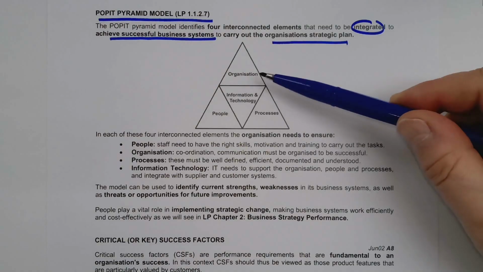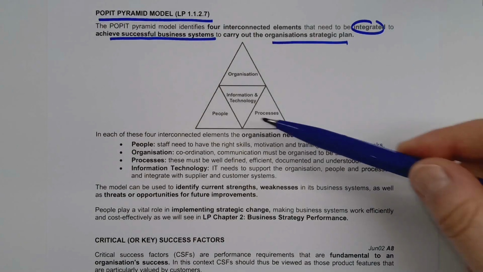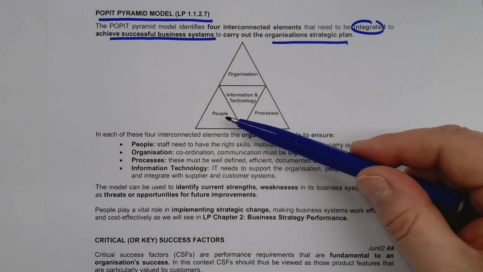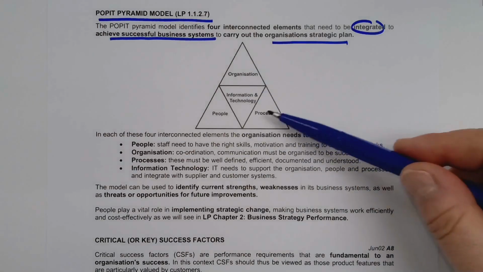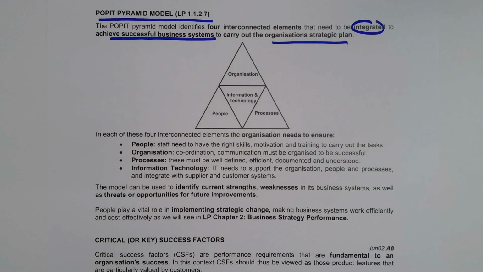How we structure the organisation, the people we use, the skills, the abilities, the processes that we use, and of course, technologies in the middle. It ties together all of these important elements.